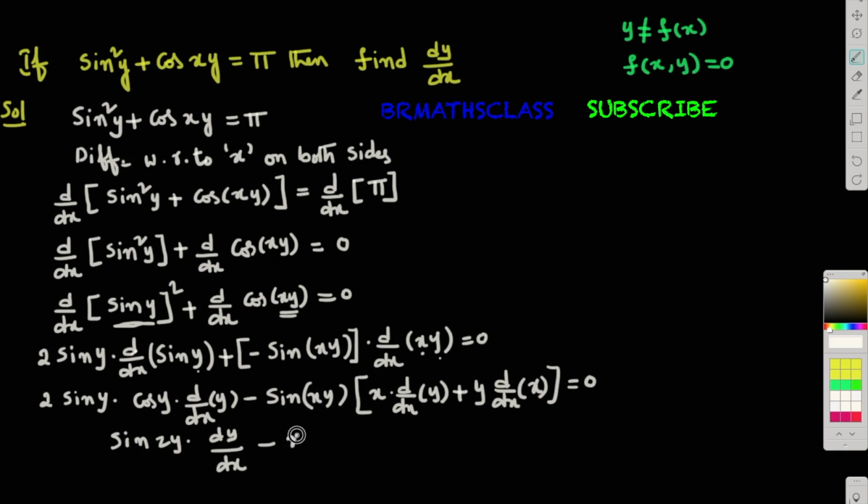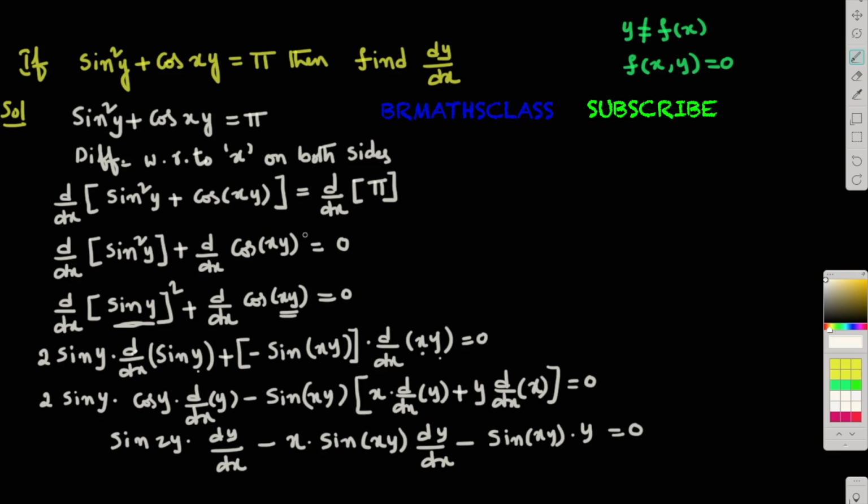Minus x into sin of xy into, you observe here d by dx of y is nothing but dy by dx. Now if we multiply here, plus of minus will be minus sin of xy into y into derivative of x with respect to x, which is 1. So no need to write that one, equal to 0.